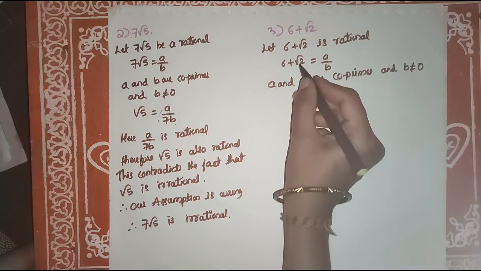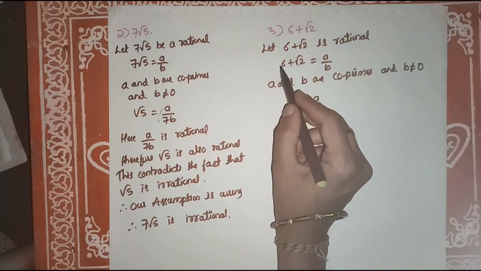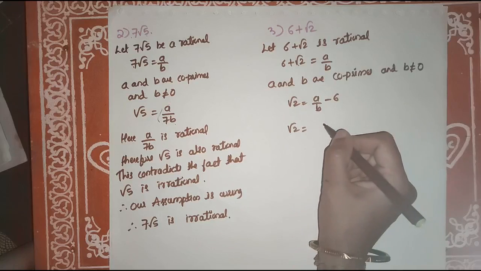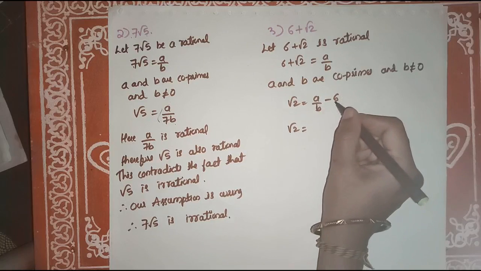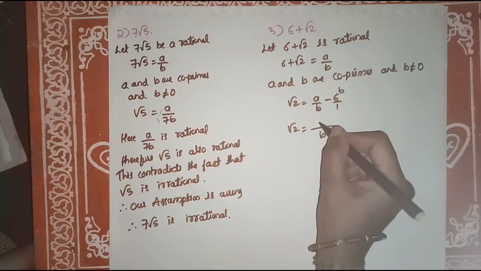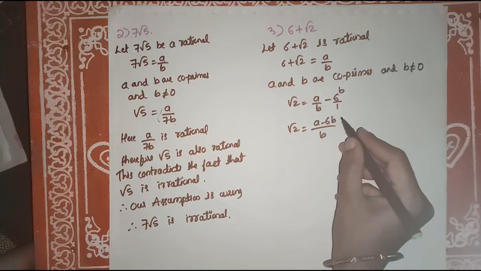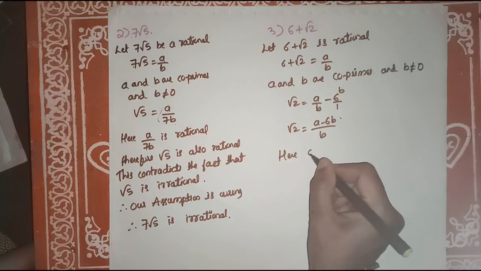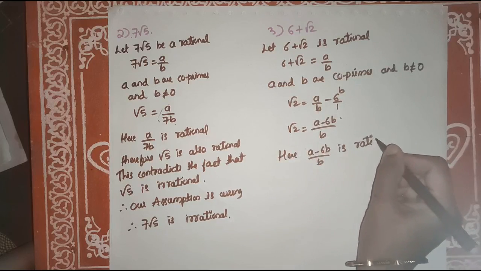Then root 2 is equal to a divided by b minus 6, which with LCM b is a minus 6b divided by b. This is in the form p by q, so it is rational.